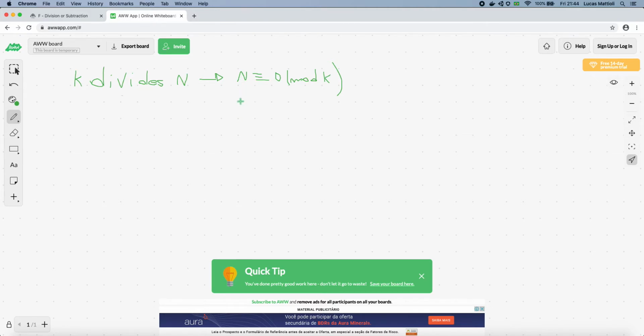Or in other words, when we take the remainder of n divided by k, this is equal to 0. Okay, so by analyzing how these things are perceived in the practical way, we can arrive at some observations that will help us.